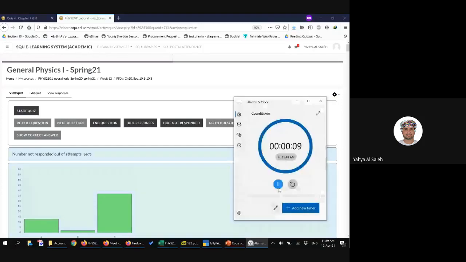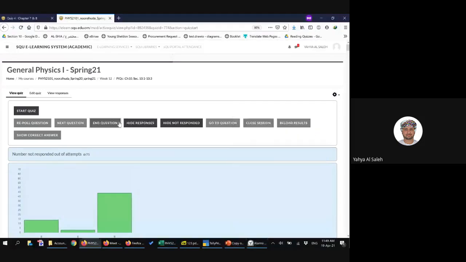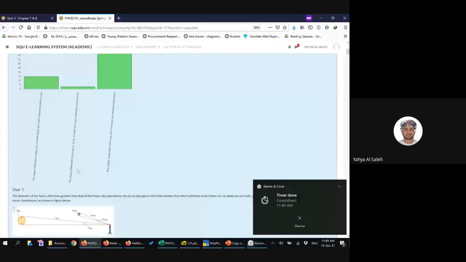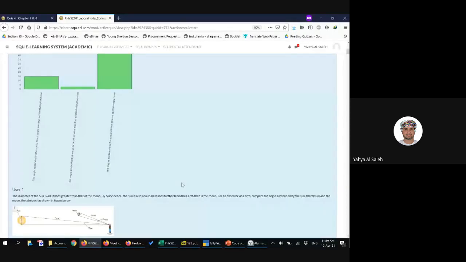Let's see. Almost twice as many people chose option C as option A. The angles subtended by the sun and the moon are approximately equal. Okay, that's fair enough.